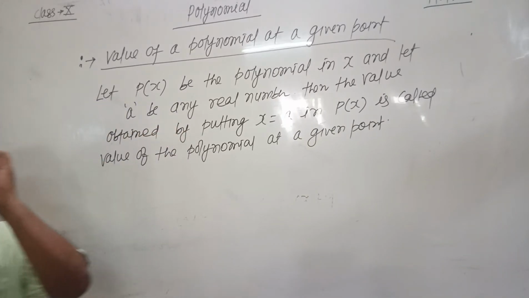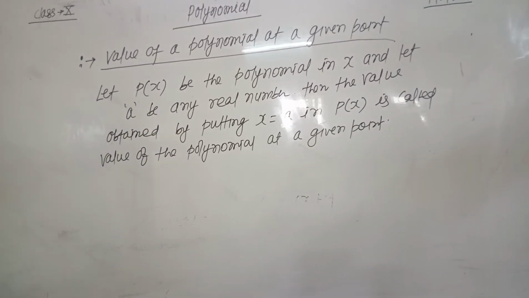So when we put x equals a in p(x), the value of p(a) is called the value of the polynomial at that point.